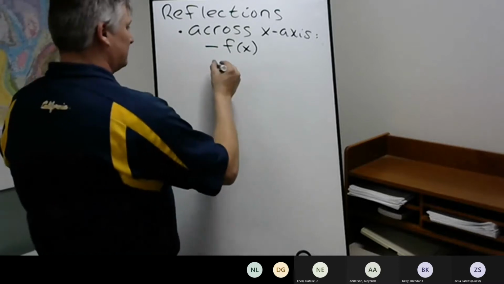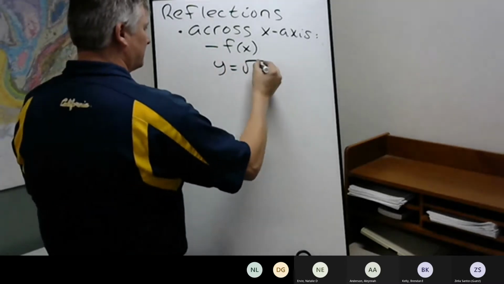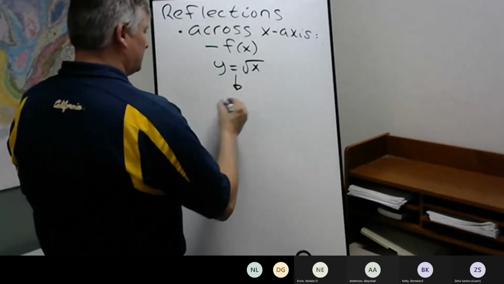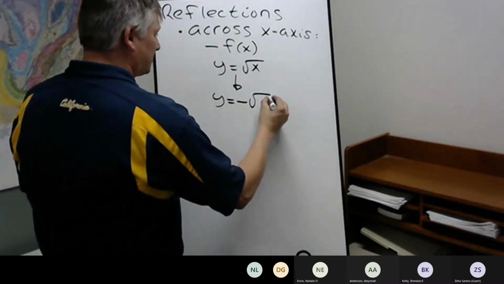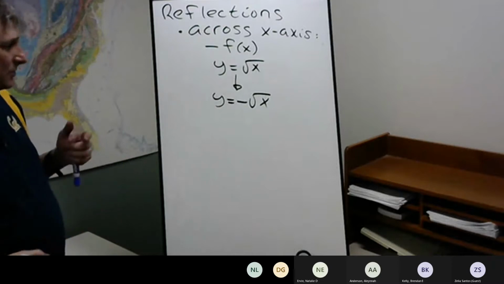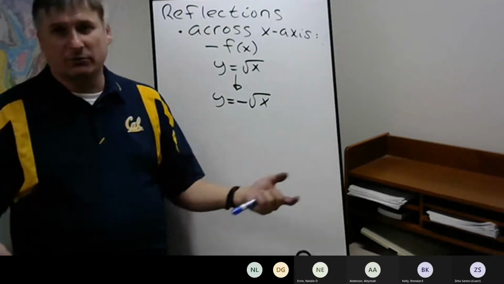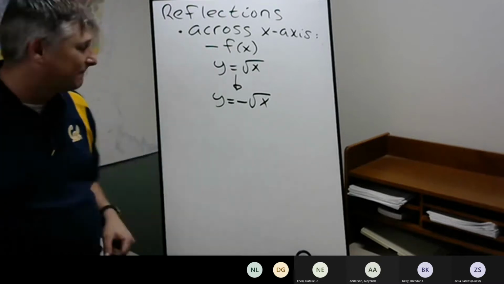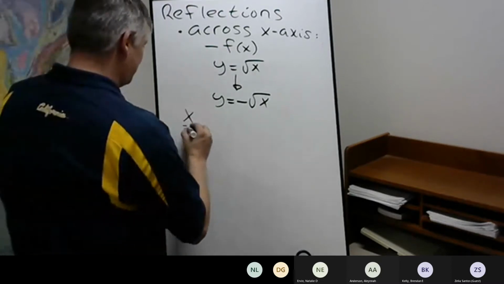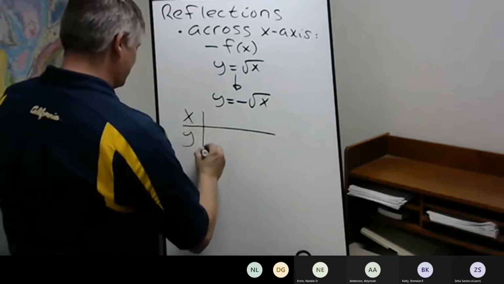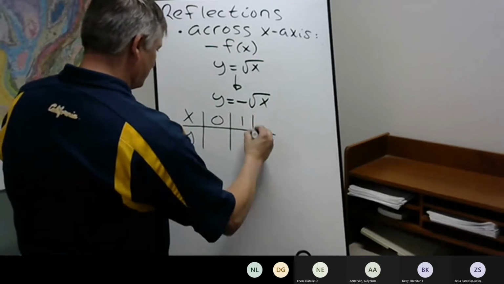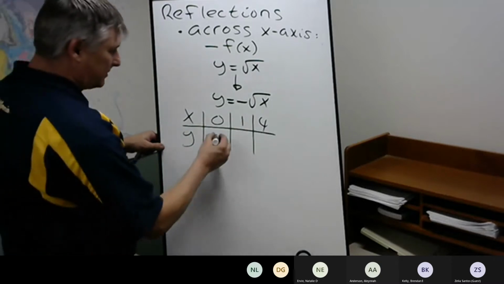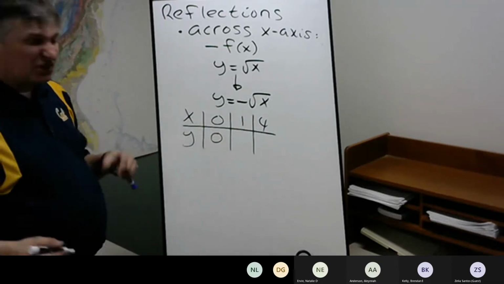So just to show it, again, we'll use our test function, y equals square root of x. And we'll turn this into y equals negative square root of x. So I'm just going to do the xy chart for negative square root of x. I'll put the graph for this on the same graph for that. So square root of 0 is 0, multiply by negative 1, nothing changes.